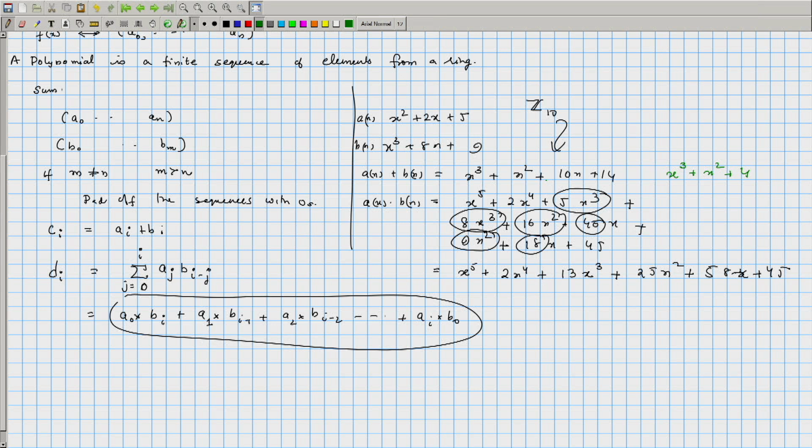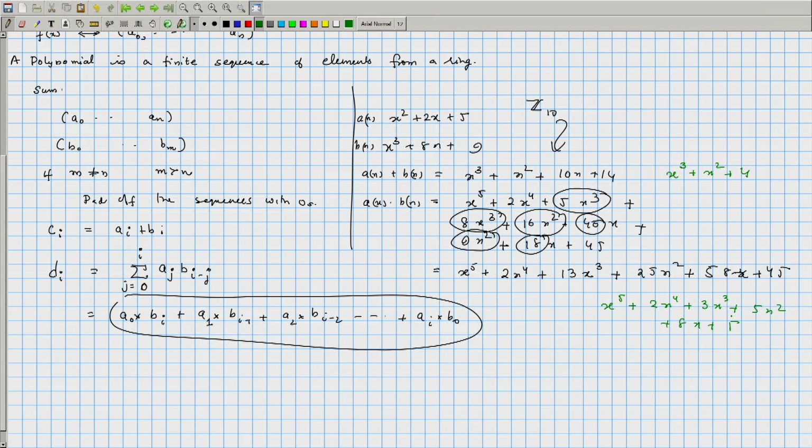And if you look at the product, that will be equal to x raised to 5 plus 2x raised to 4 plus 3x cube plus 5x square plus 8x plus 5. Okay. So, that is going to be a different polynomial than, let us say, what we had when we considered the ring of integers.